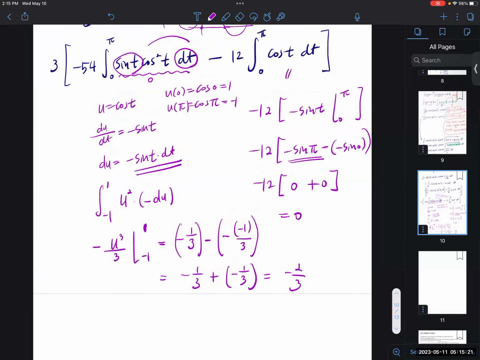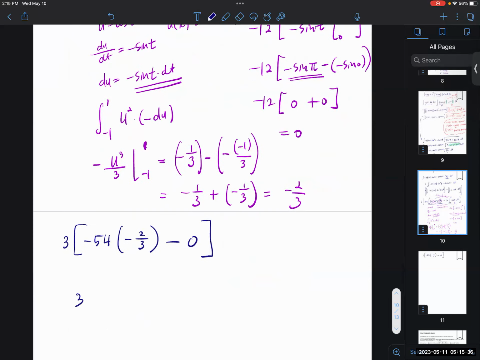So here, let me change the color. We had a 3, negative 54. So we got this part, negative 2 over 3, good. And then we got this part 0 anyway, good. So therefore, double negative changes to positive. And then 54 divided by 3, yeah, we can do that.